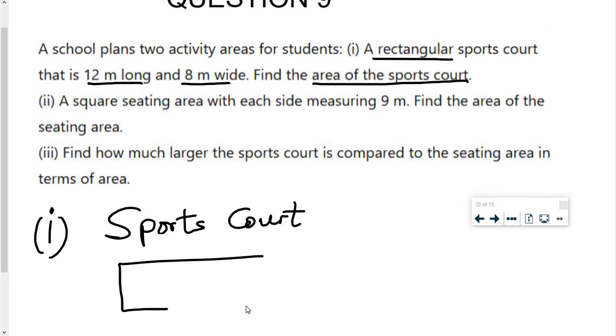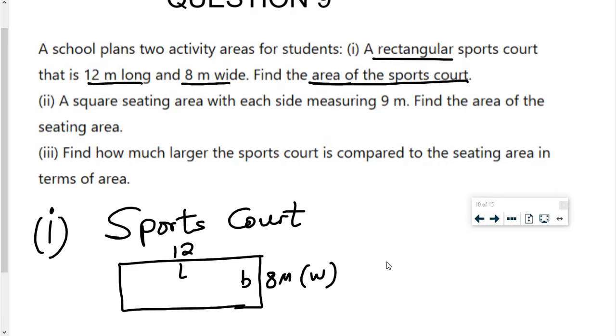So just draw a quick rectangle like this. 12 meters length, 8 meters wide, or some other people call it breadth. So that is B for breadth, or W for width.